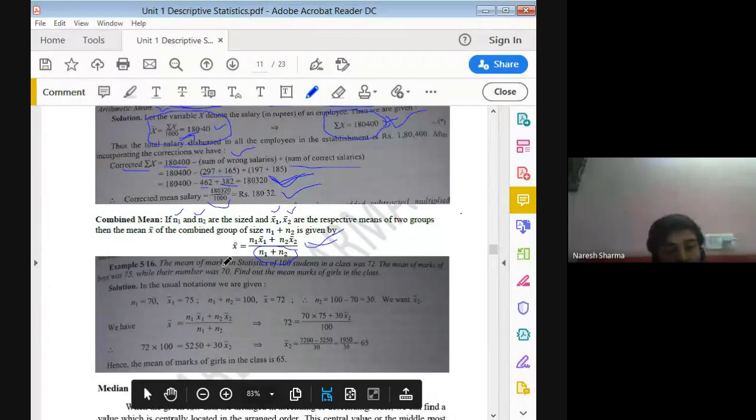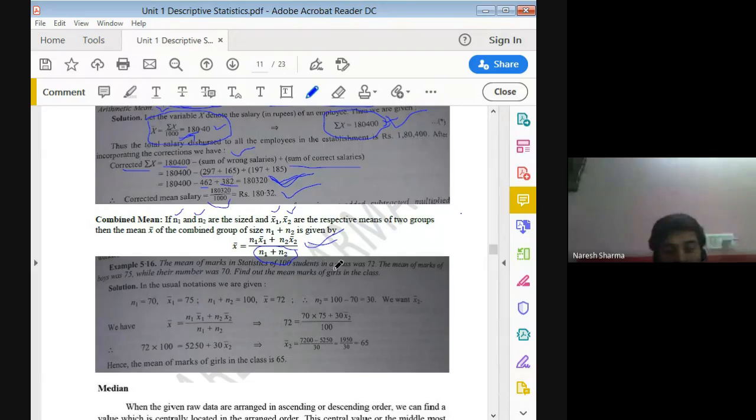The mean of marks of statistics of 100 students in a class was 72. Keep in mind, we are not calculating the combined mean here, it is given in this example, which is 72.